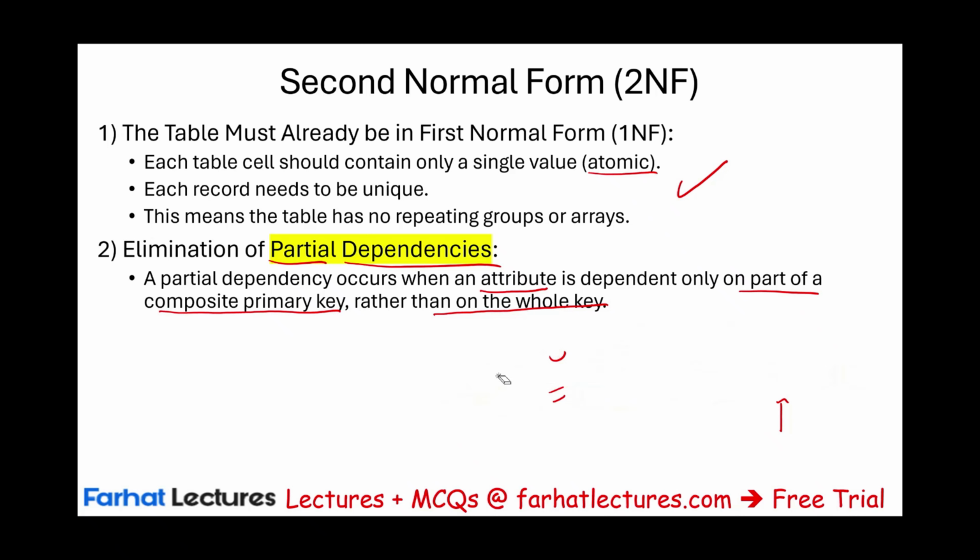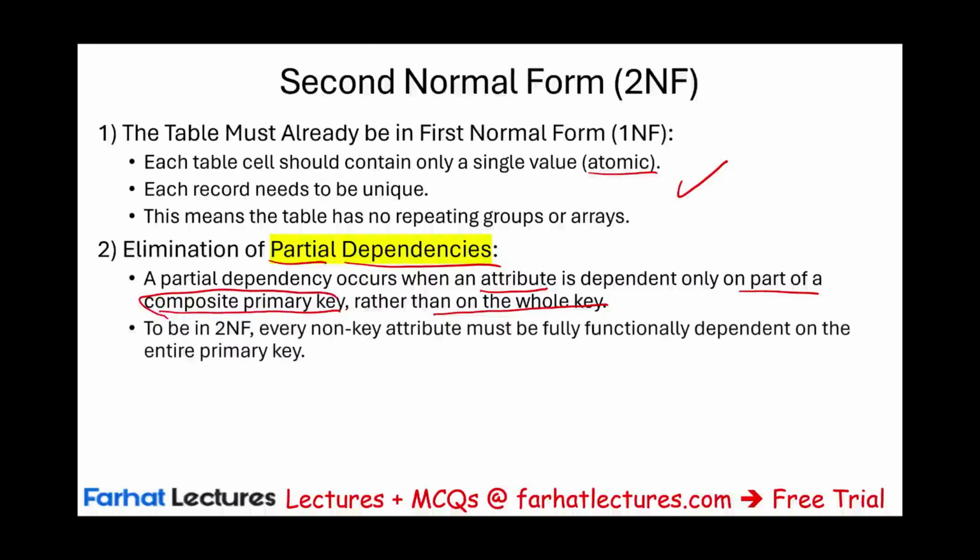Don't worry, we're going to work a complete example, but I'm just trying to explain what a composite primary key is. It means there are two or more attributes forming the primary key. So to be in 2NF, every non-key attribute, meaning the attributes that are not part of the primary key, must be fully functionally dependent on the entire primary key. It cannot be dependent on one part of the primary key.